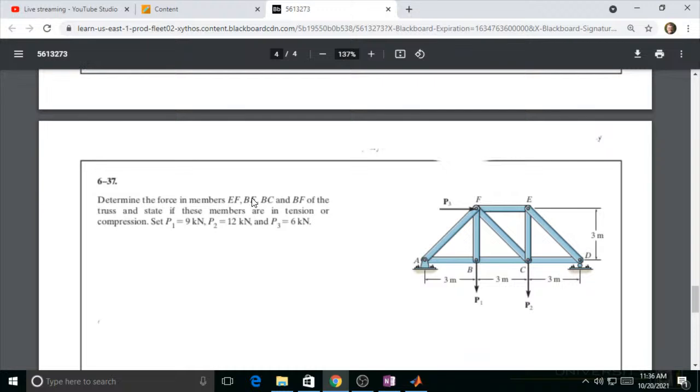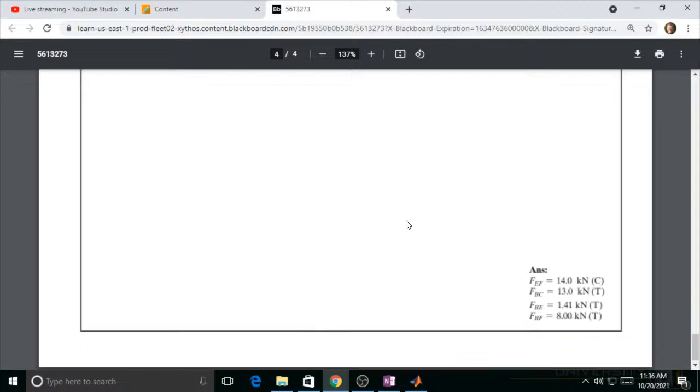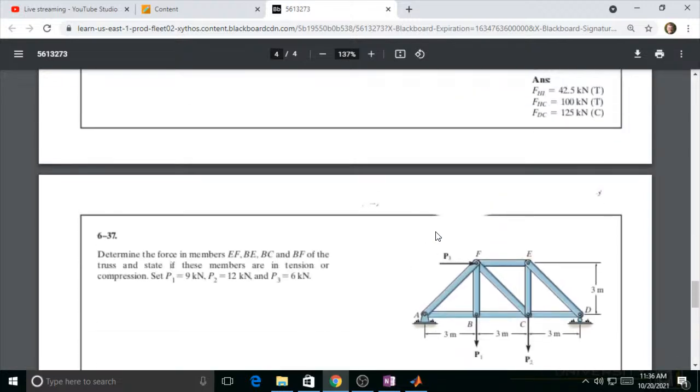So you know what? I think the guy mistyped. It should be CF instead of BE, should be CF. I have no idea what the dude's got here.